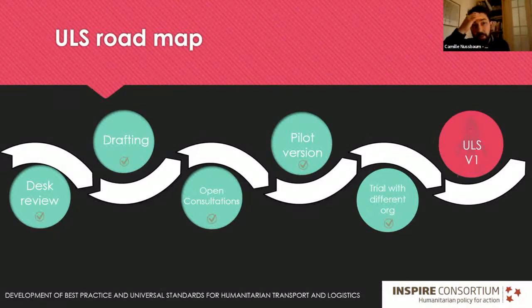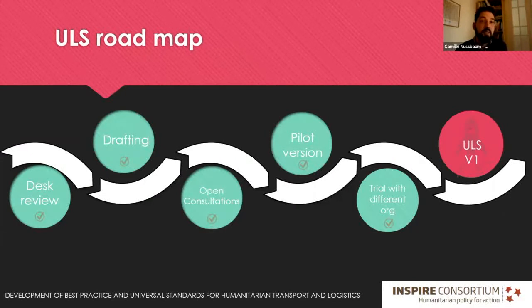So just a few words about the whole project process. As I mentioned, we started in 2019, before the whole COVID thing, so it sounds like centuries ago. We started this project in August 2019 with these ideas in mind, and we discussed with DG ECHO.